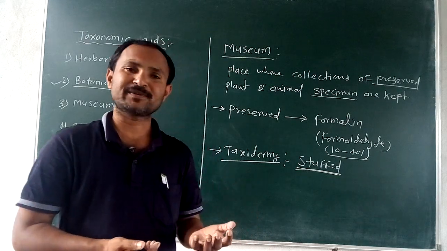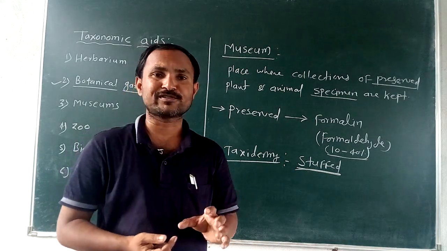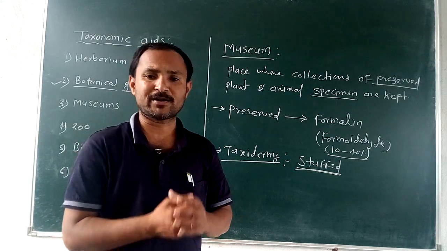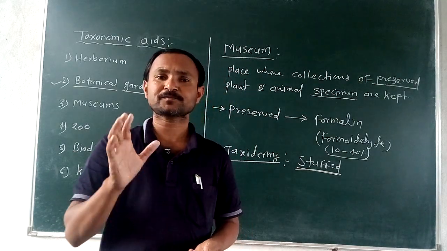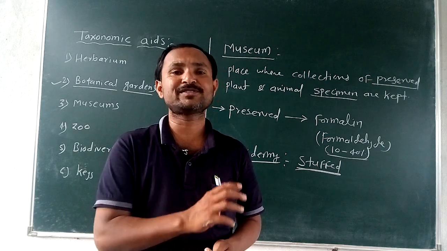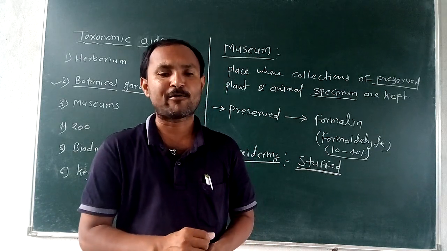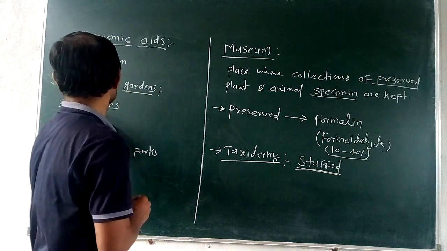By making herbarium sheets, we can study the plant material. All these things are very important to study biodiversity. Biodiversity means the variety of animals and plants present in the environment that can be studied. That is called biodiversity.